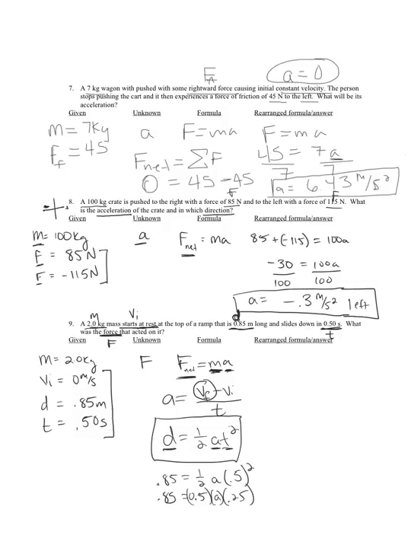Once I work all of this out and isolate A by itself, I have 0.25 times 1/2, and then I'm going to divide 0.85 by that.